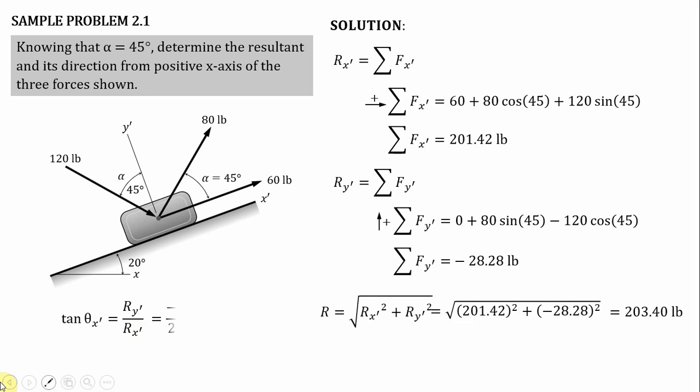So that is equivalent to Ry prime natin, that is negative 28.28 divided by what is our Rx prime, this is our Rx prime, 201.42 pounds. So gusto natin yung kunin yung theta x prime, inverse tan lang natin siya. Inverse tan of negative 28.28 divided by 201.42, and that is equivalent to negative 7.99 degrees.